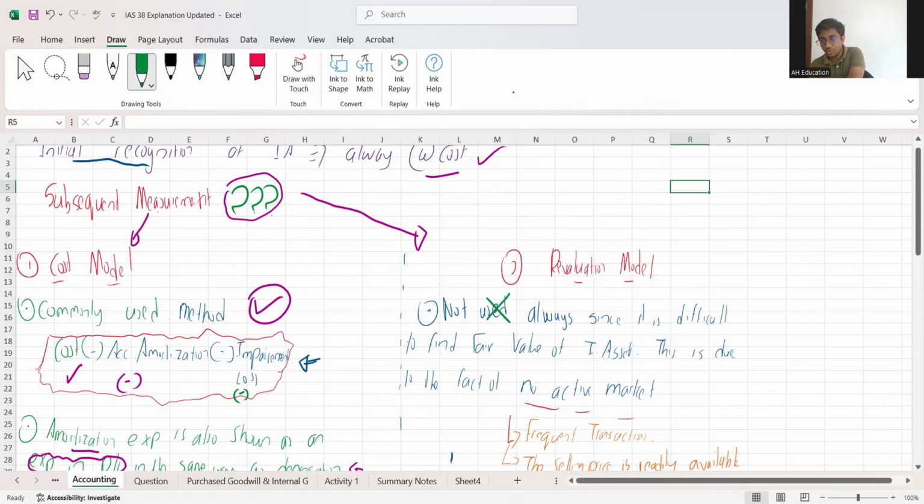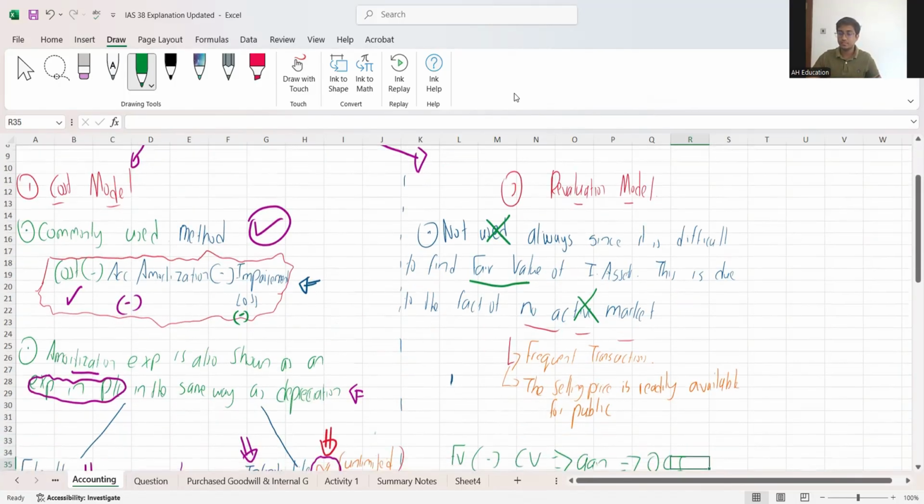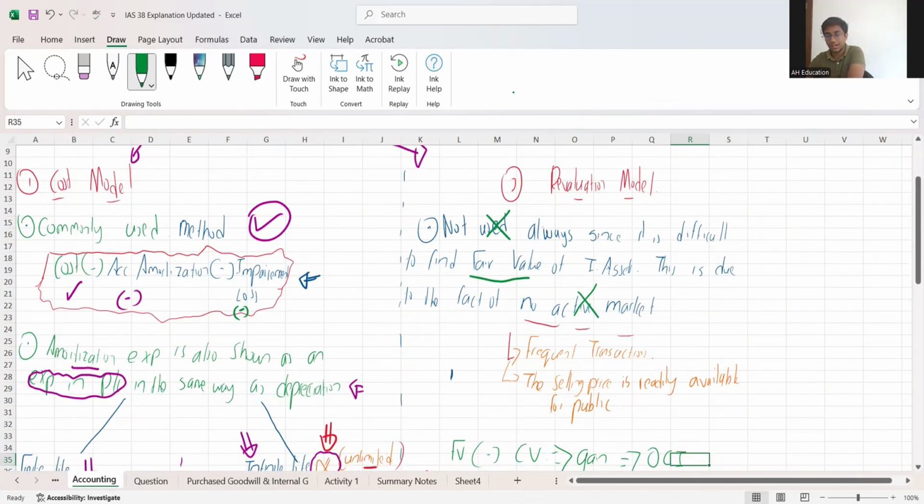We do not use this frequently, because if you need to revalue an asset, it needs to have a fair value, right? But in terms of intangible assets, it is very hard to find their fair value. Why? Because they do not have an active market. What do I mean by active market is this.